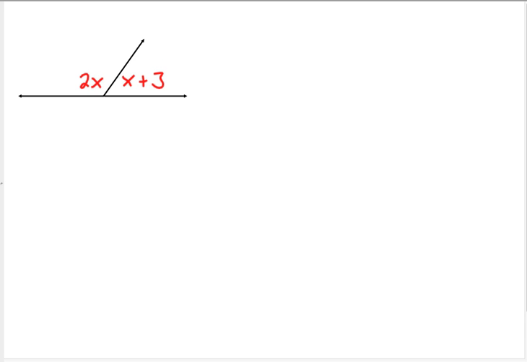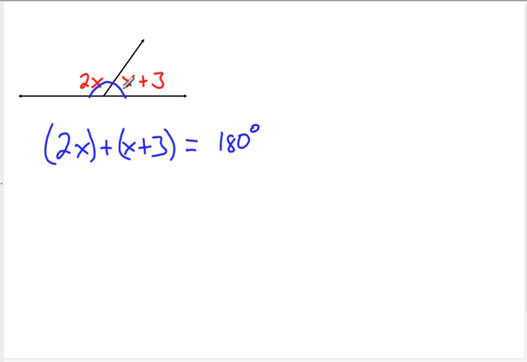So we can use that information to make a little equation. We know that 2x plus x plus 3, so 2x, which is that, and x plus 3, which is that, when added together will have to equal 180 degrees. With that knowledge, we have 2x plus x would be 3x, and then that plus 3 equals 180. We don't need to write degrees there. We can put that in at the end.